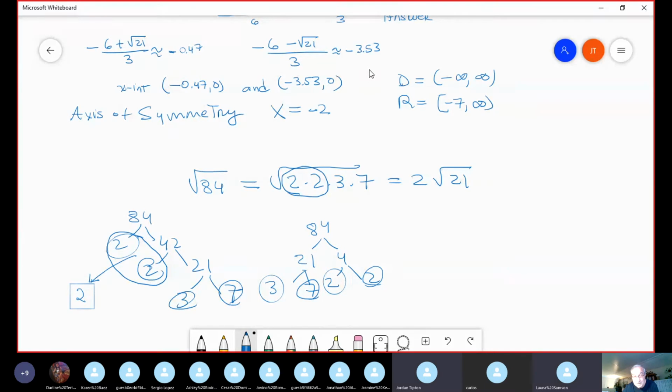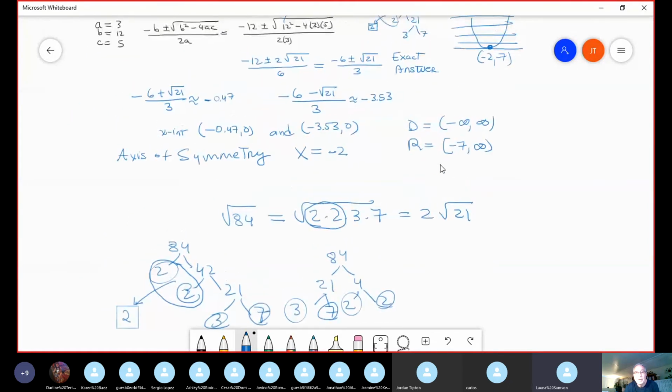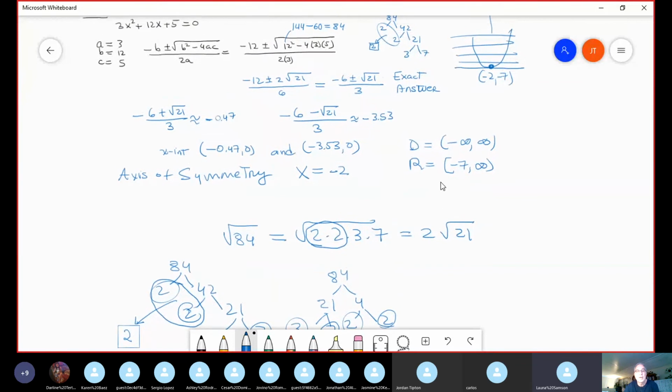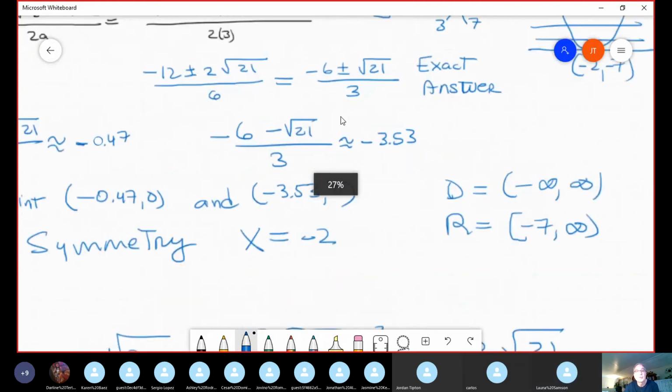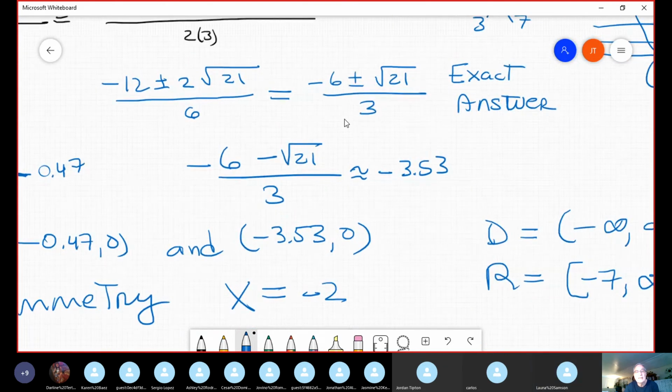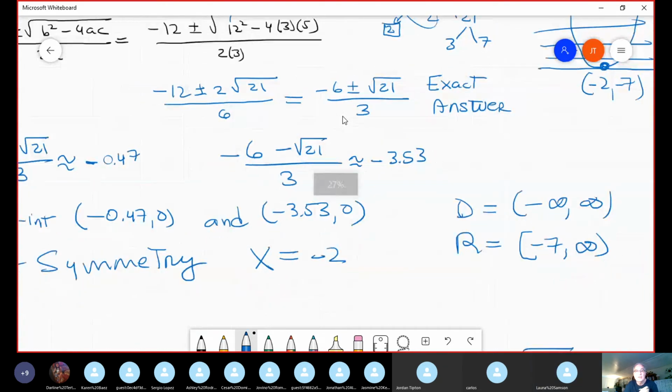I understand how you got 84, but I'm confused about how you got 12 to 6. This is easy also. Look, I apply the quadratic formula and I get this answer, right?